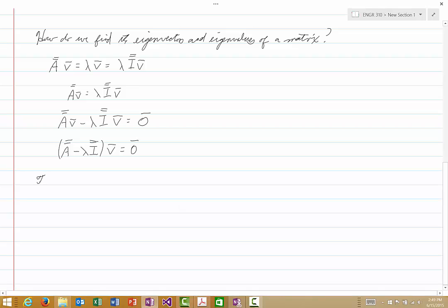So this implies that the determinant of A minus lambda I equals 0.